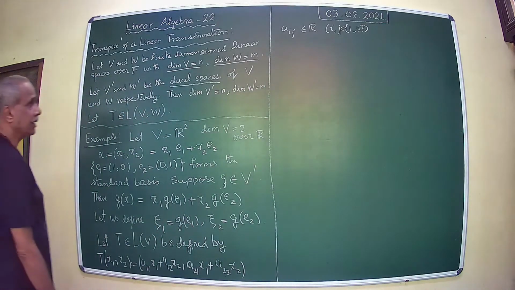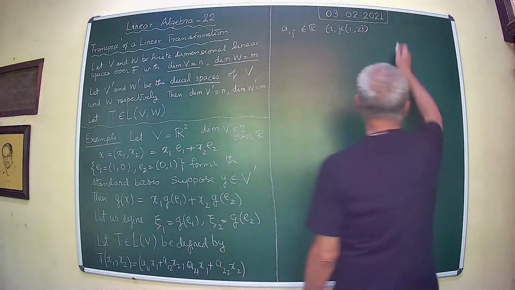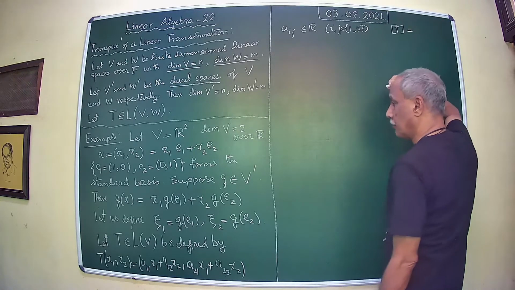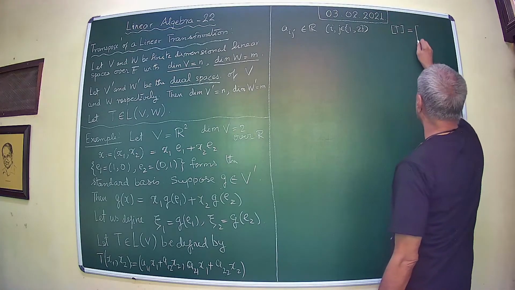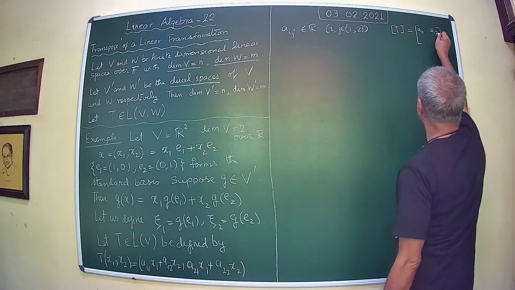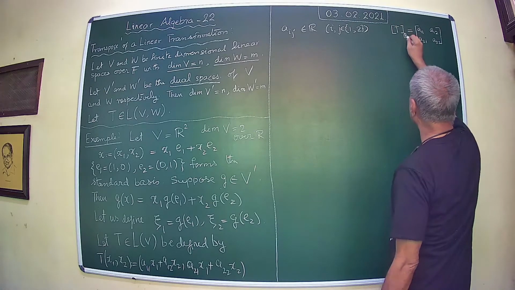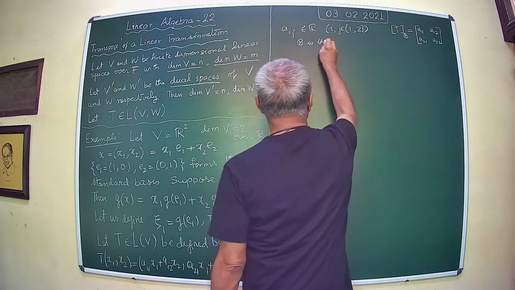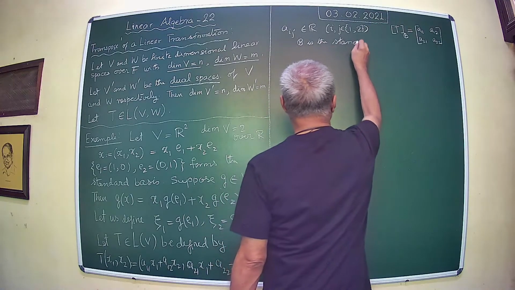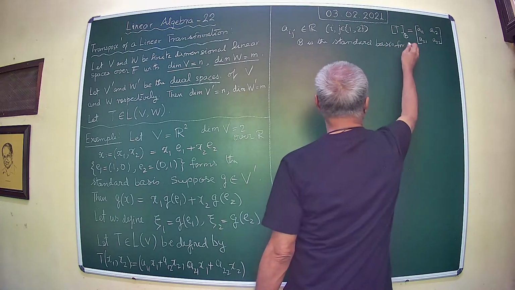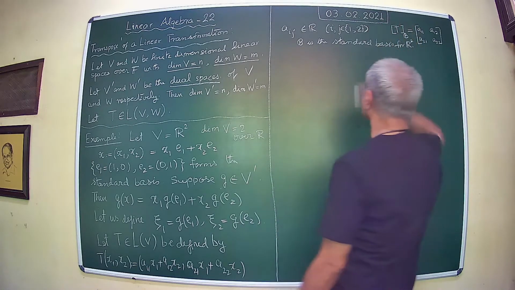Now you see that if you were to consider the matrix representation of T, from R2 to R2, it is represented by the matrix with entries A11, A12, A21, A22, where B is the standard basis.